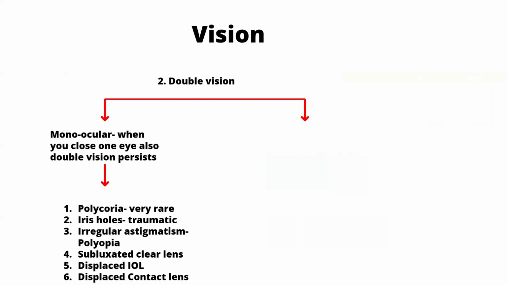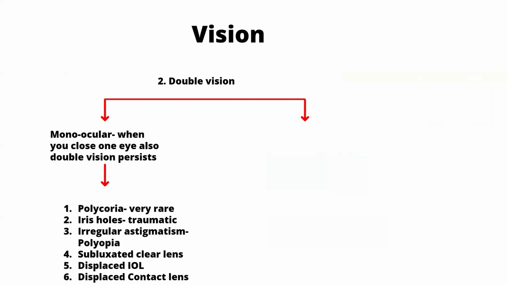So what could be the causes? Polychoria, multiple pupils in the right eye. Very rare, but it can happen. Iris holes, traumatic iris holes, they can present with it. Again, it's similar to polychoria where multiple images fall on the retina.